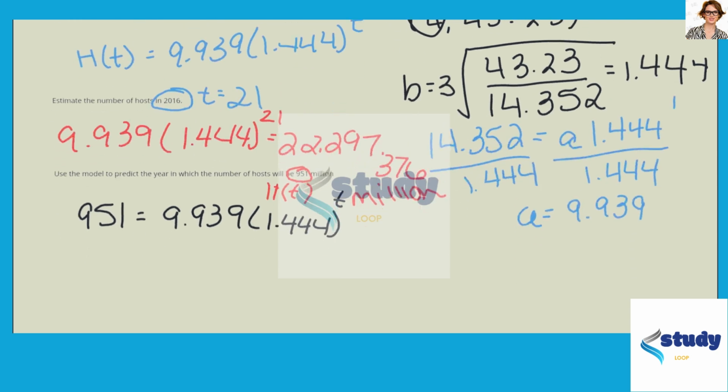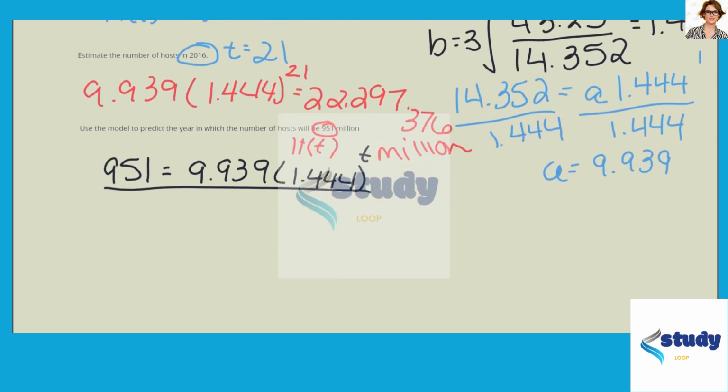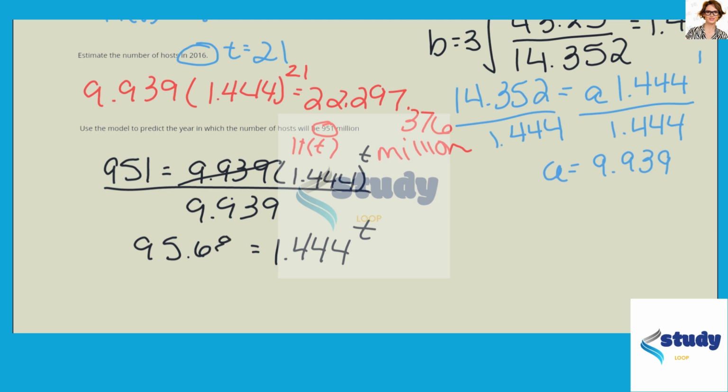To solve this, first I'm going to divide everything by 9.939 so that these cancel, and I'm left with 1.444 to the t power is equal to 95.684. Then I can ln both sides and then divide everything by ln of 1.444.